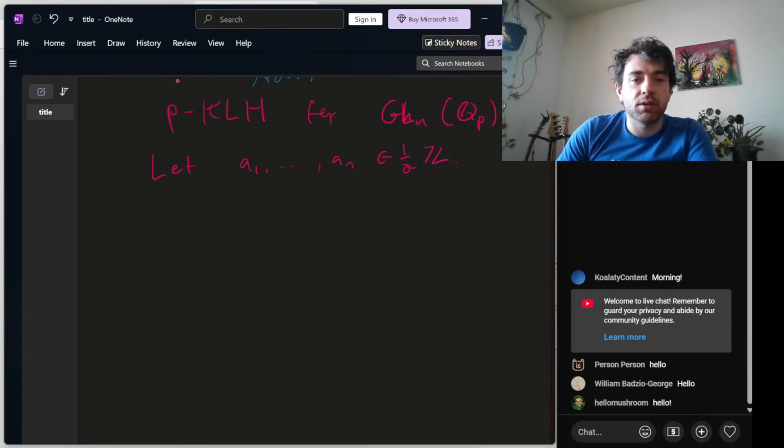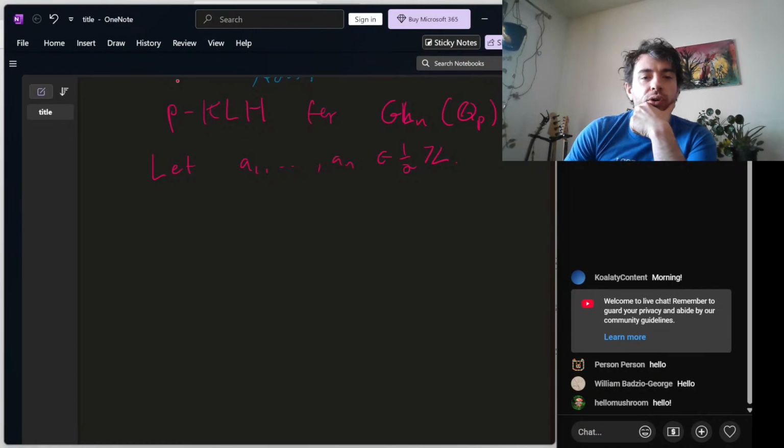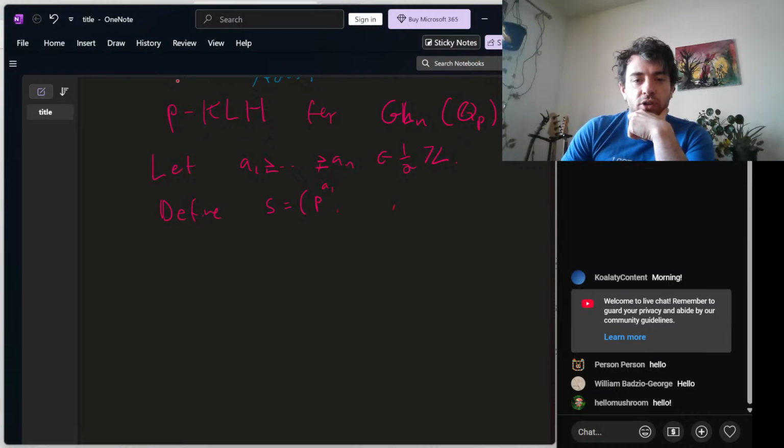Our claim is that there is a bijection. How should I phrase this? So okay. Suppose we have these numbers. Define S as we did before. We could choose these in any order. Let's just suppose, for example, that these are monotonically decreasing. It doesn't really matter. It just makes the computations nicer.